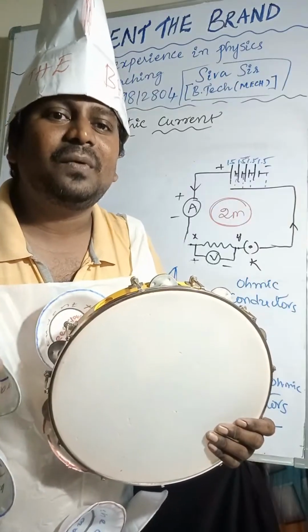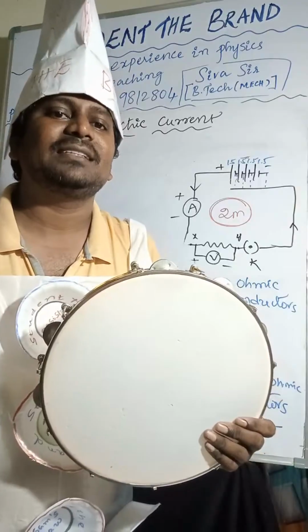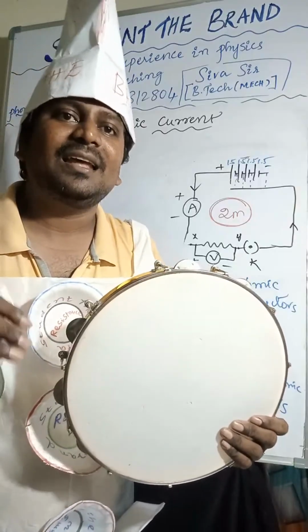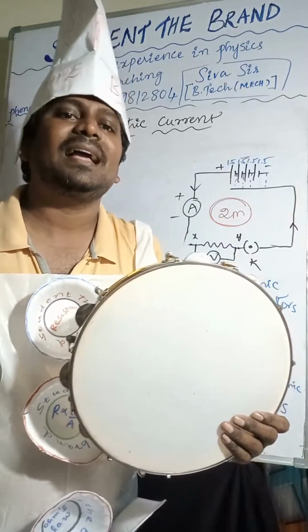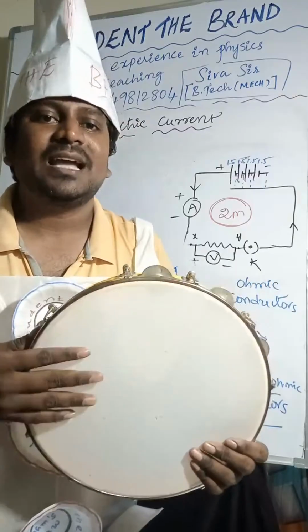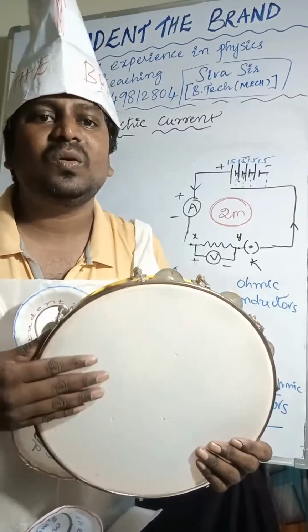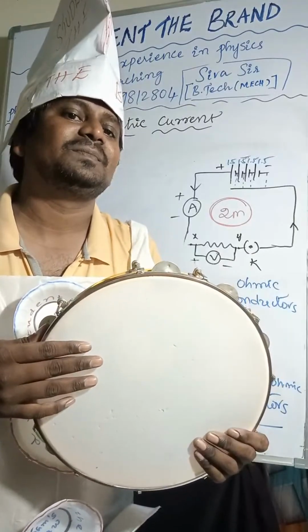Distance positive above the principal axis. Distance negative below the principal axis. New Cartesian sign convention, new Cartesian sign convention.